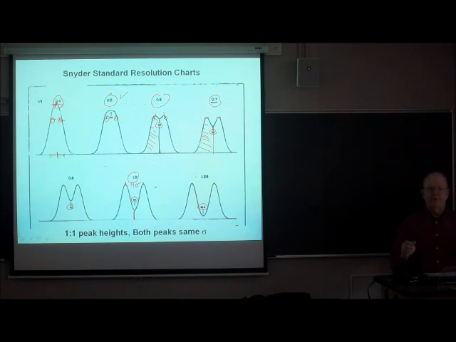Generally speaking, for 1-to-1 peaks, baseline resolution requires, for equal size peaks, a resolution of 1.5. And it will get well within 1% of touching the true baseline if the resolution is 1.5. Much better than 1%.